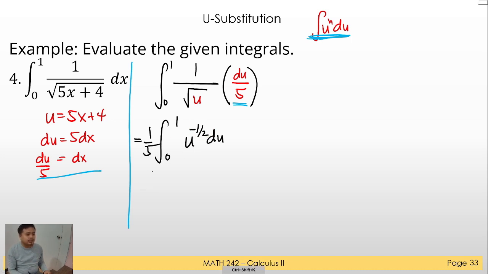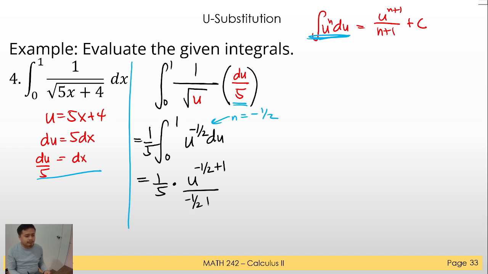Okay, so evaluating this integral using this rule, which is equal to u raised to n plus 1 over n plus 1 plus c. So in here, we have n is equal to negative 1/2. So this will be equal to 1/5 the integral from 0 to 1. We just evaluate this. We have u raised to negative 1/2 plus 1 over negative 1/2 plus 1 evaluated from 0 to 1.